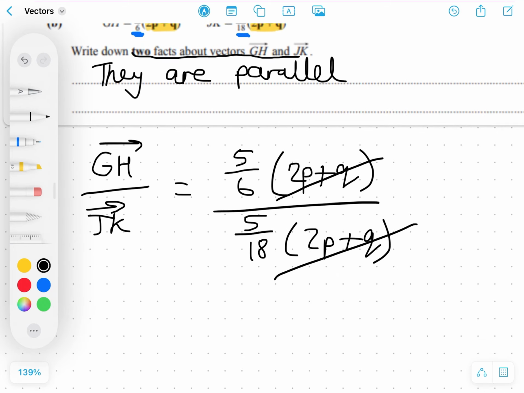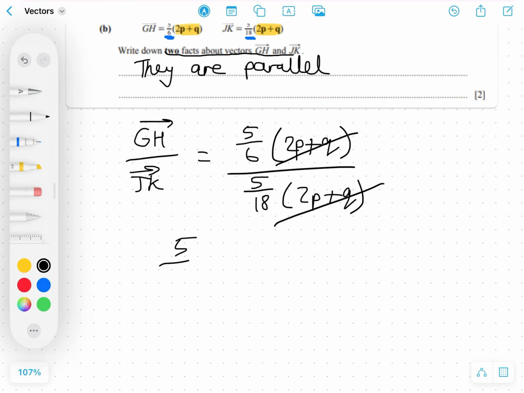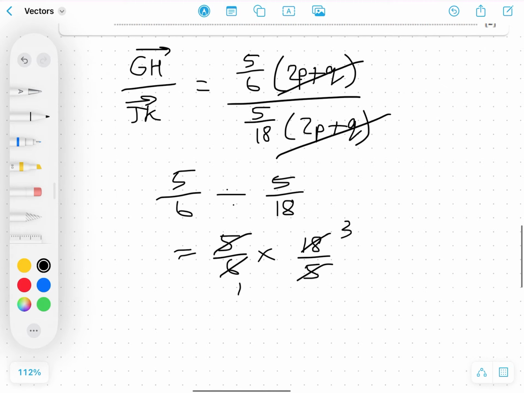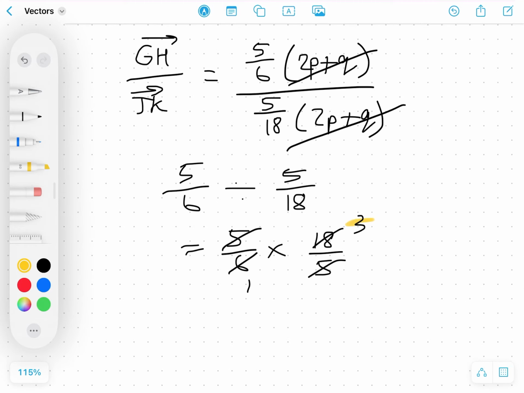Now these two cancel out since it's a fraction, and now we're left with 5 over 6 divided by 5 over 18. And now if you simplify this, you see that you're left with just a 3.